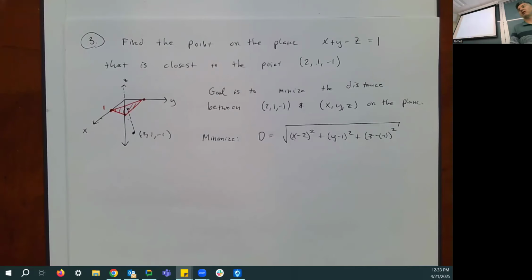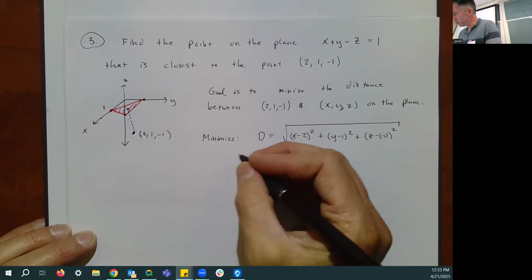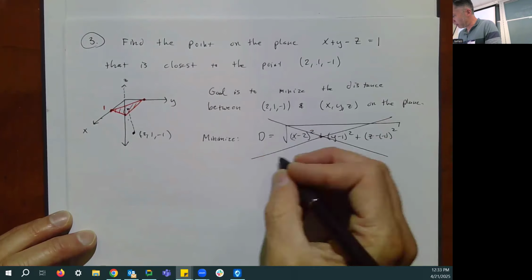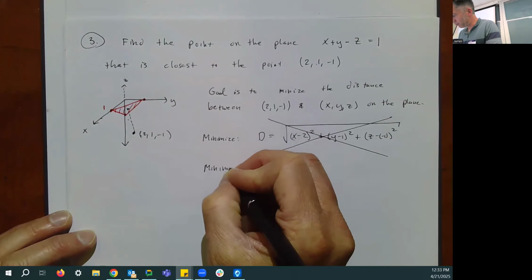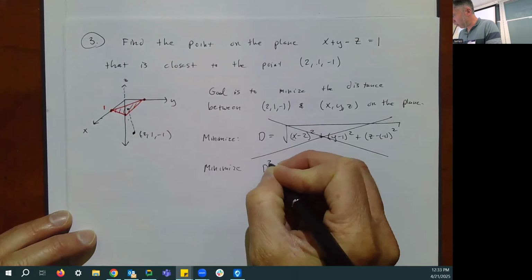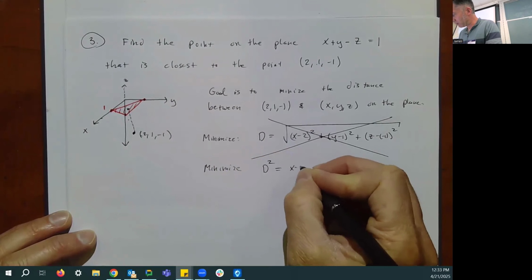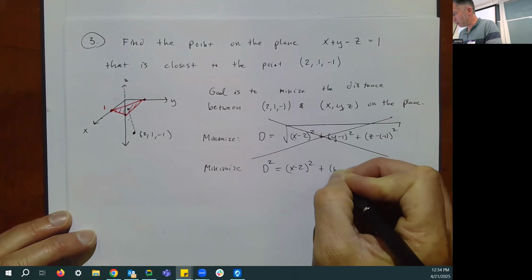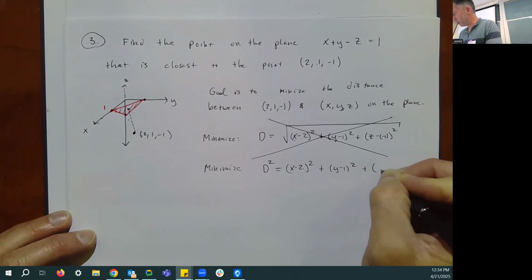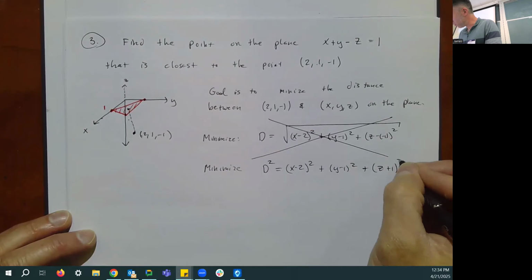Another way of saying this is we're going to minimize the square of the distance. So really, instead of doing this, we're going to minimize the distance squared, which is equal to (x minus 2) squared plus (y minus 1) squared plus, I'm going to write this as (z plus 1) squared instead of (z minus negative 1) squared.